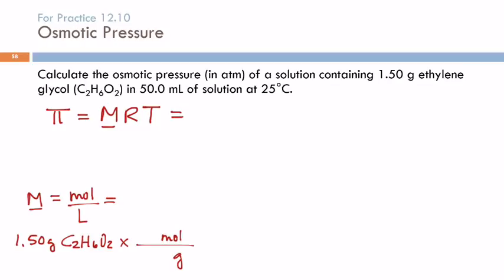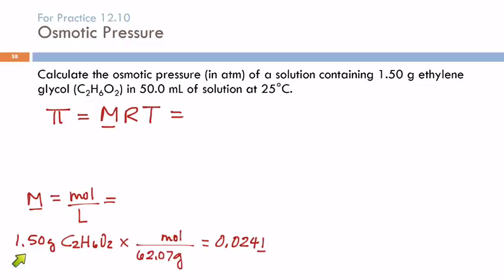So we've got 2 carbons at 12.01, and 6 hydrogens at 1.008, and 2 oxygens at 16 each. And so we get 62.07. So we've got 1.5 divided by 62.07, which is 0.0241.